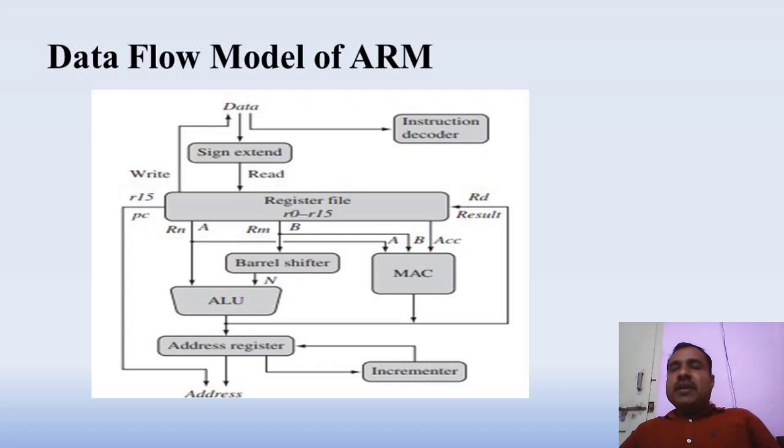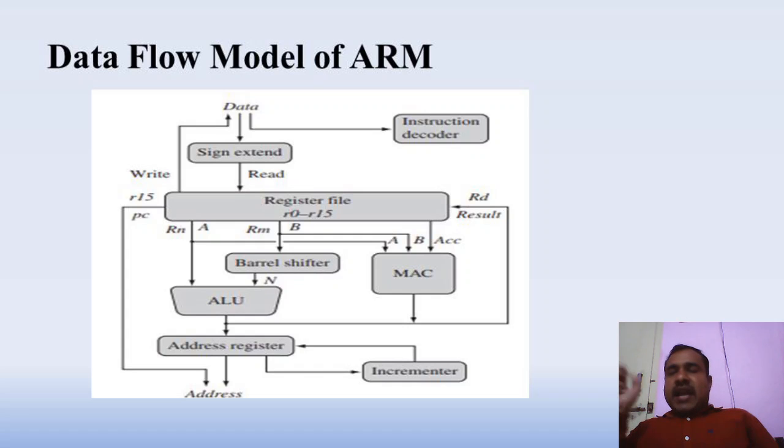This particular hardware is used for handling multiplications. It takes care of all signed and unsigned 32-bit and 64-bit multiplications, and both ALU and MAC perform the operations and place the result onto the register Rd. Through this bus, they will place the result back into the register file.